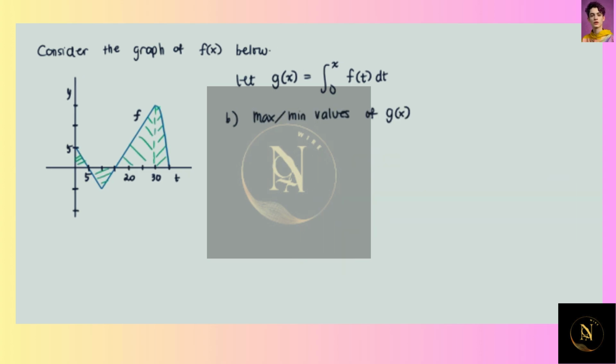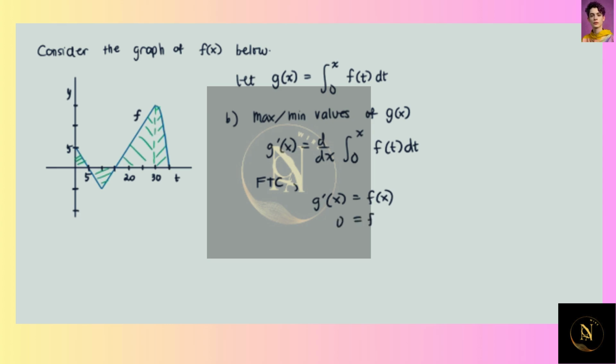To find the maximum or minimum values of g, we first want to find the derivative of g. That'll be the derivative with respect to x of the integral from 0 to x of f of t dt. And by the fundamental theorem of calculus, we have g prime of x equal to f of x. So we want to set this to 0.